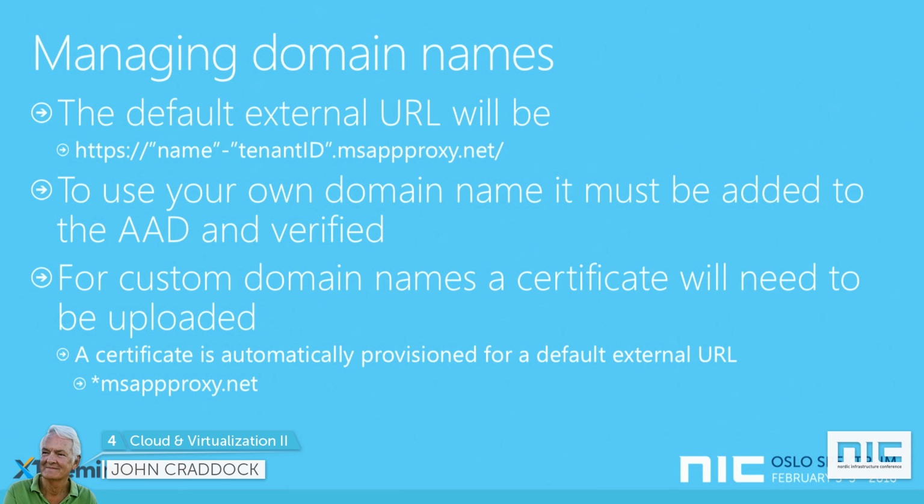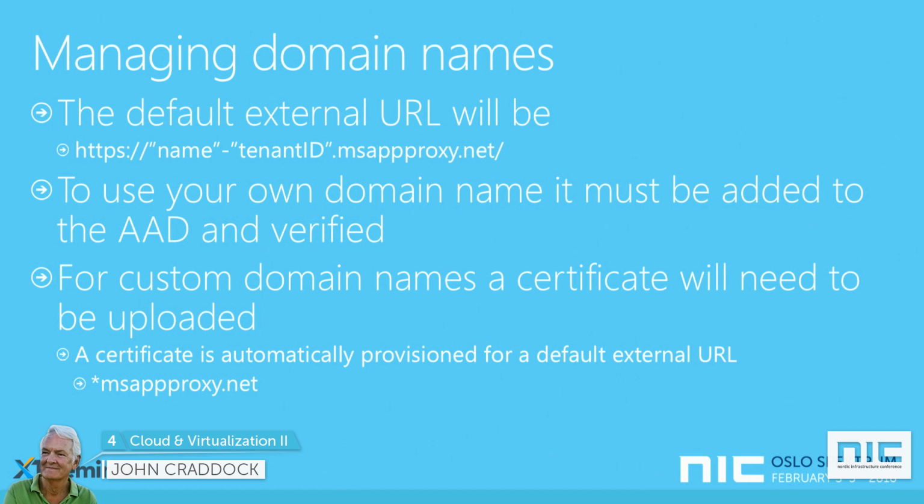If you want to put your own domain name there, first of all you'll have to load your own domain name up into the Azure AD. You register your domain name into Azure AD, and Azure AD will want to verify that domain name. So you'll be prompted to put a text record in your DNS zone. They will specify what that text record should be, what the TTL is, etc. You put that in your zone, and Azure AD will check your zone for the existence of that text record.